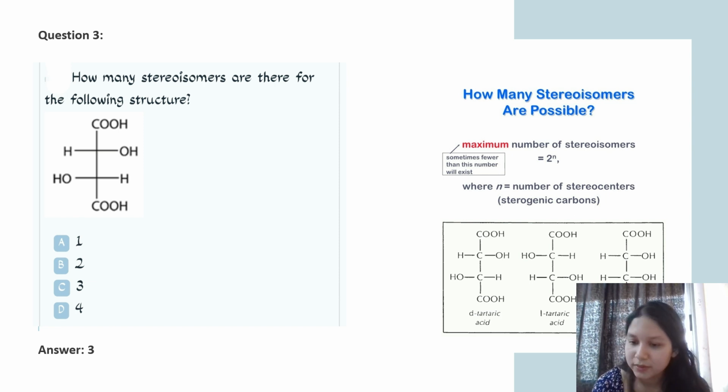The fourth one, which will have the hydroxyl groups placed to the left side of this axis and the hydrogen groups placed to the right side of this axis, is also one stereoisomer for the given structure, but the fourth structure and the third structure will be the same structure.